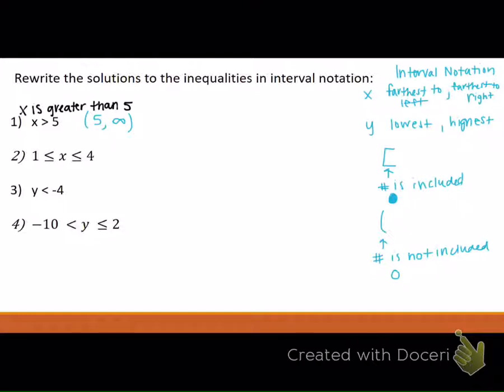All right, so first of all, 5 is smaller than any number bigger than it, right? If we're saying x is greater than 5, that means 6, 7, 8, a million, 2 million, 2.5. Any of those numbers are bigger, right? So 5 is the smallest, so it goes least to greatest, left to right. So 5 starts, and if it's greater than 5, we're going to keep going forever, which means infinity.